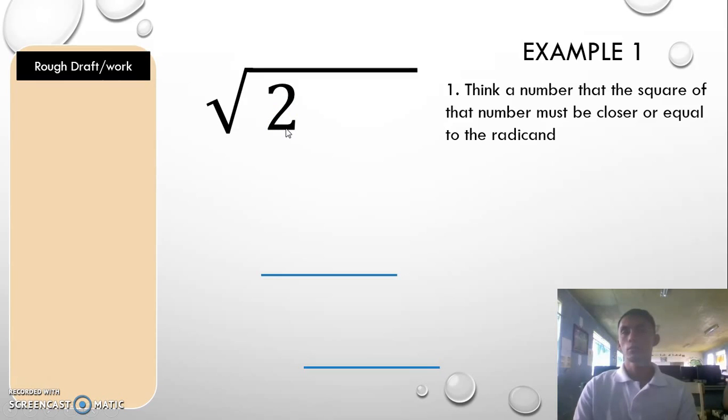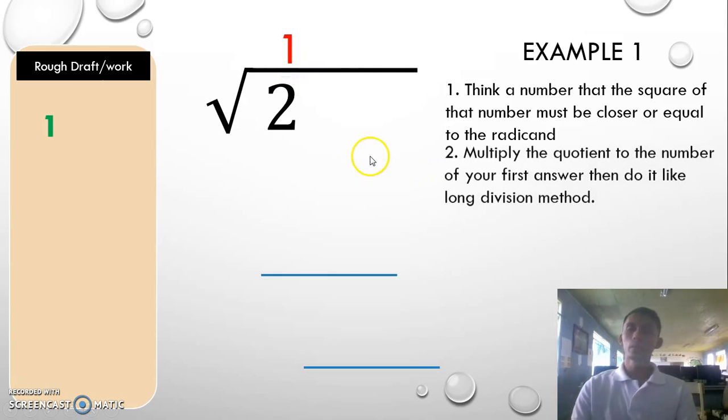If you try 2, it's 4, which is more than 2. So 1, right? Because the square of 1 is 1. So you put it in your rough area. So 1 would be your initial answer.